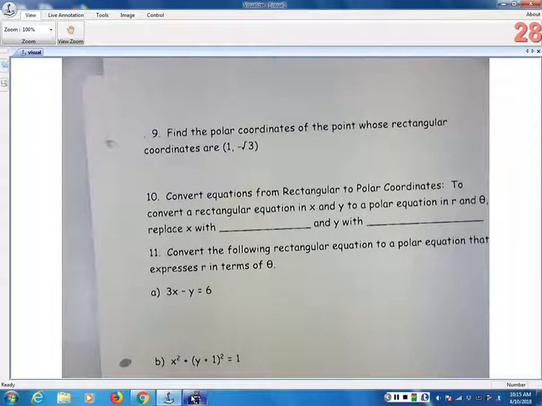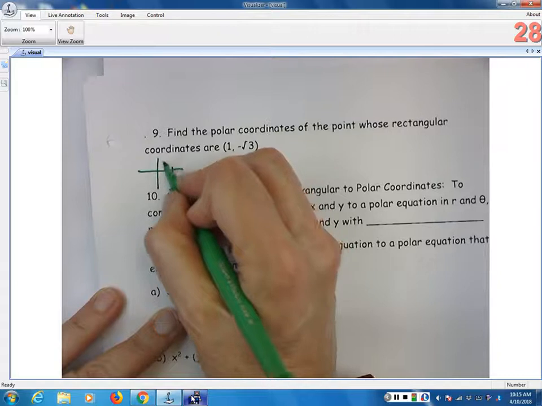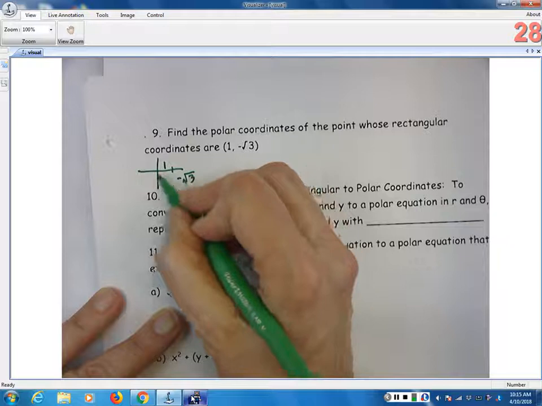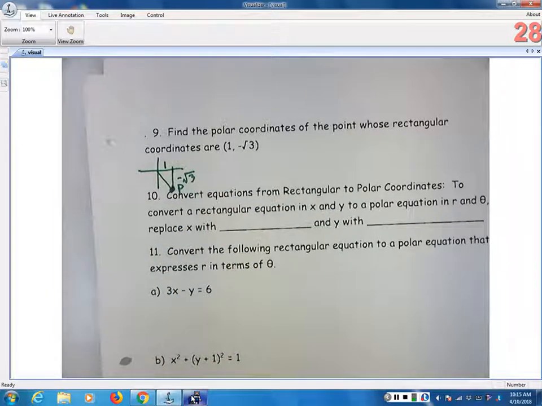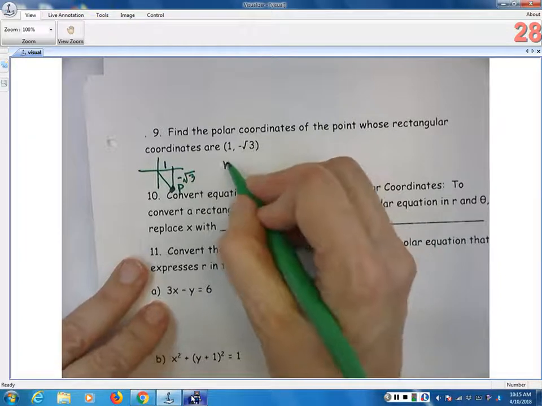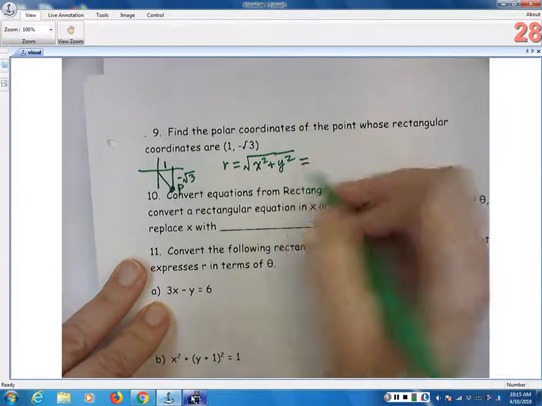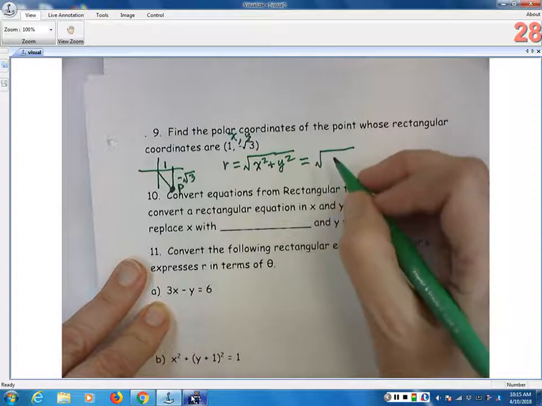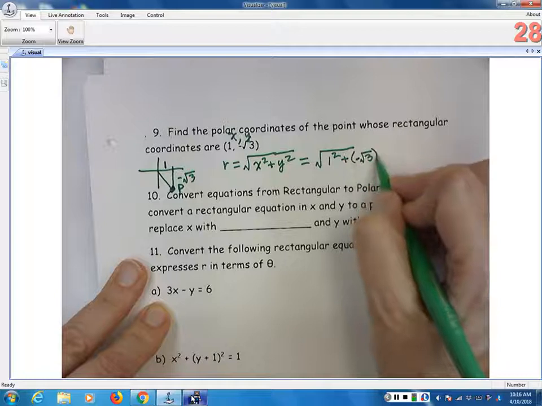Let's convert (1, negative square root of 3). We draw the picture, and here's our point. Find the polar coordinates. r is going to be the square root of x squared plus y squared, which is the square root of 1 squared plus negative square root of 3 squared.